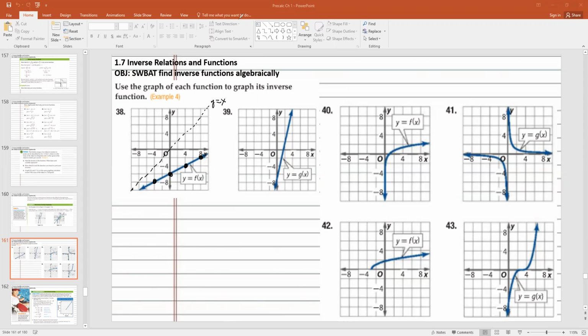Okay, now what you want to do is make it perpendicular. So for each of those points, you want to make a perpendicular line to that y equals x.